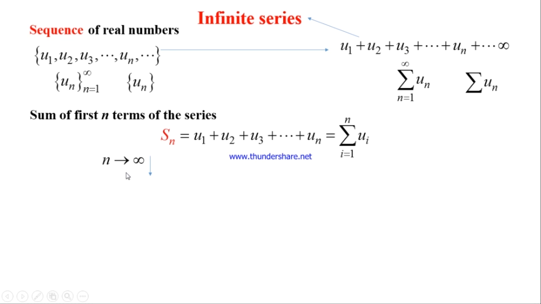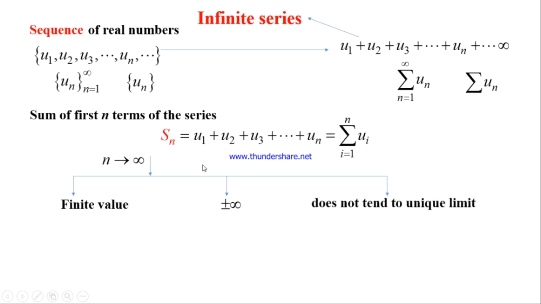Now, as n tends to infinity, we have got three options. First option is my value of Sn may be finite value. Second possibility is value may be plus or minus infinity. And third possibility is the value does not tend to a unique limit.